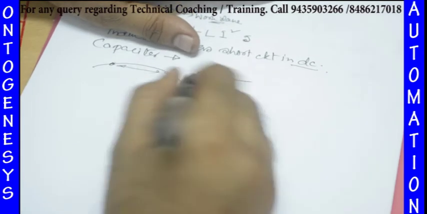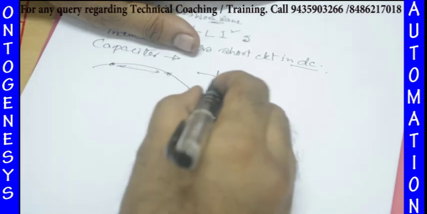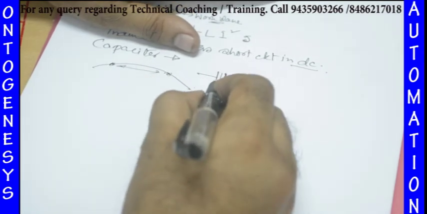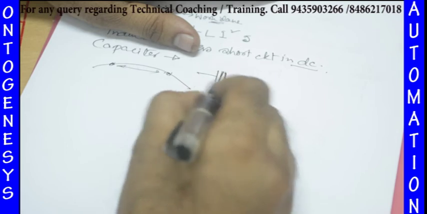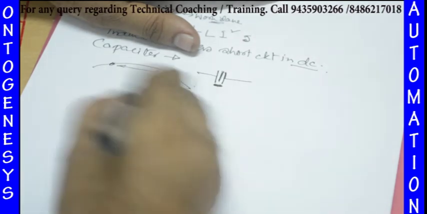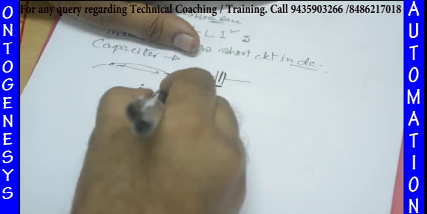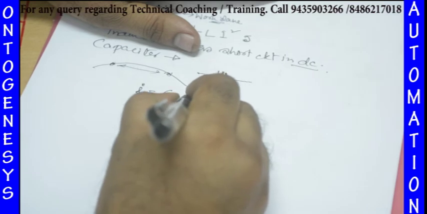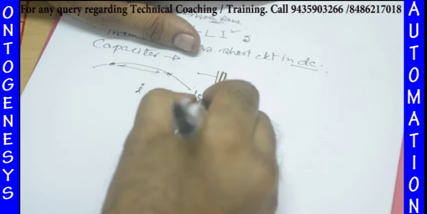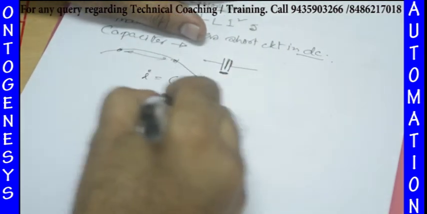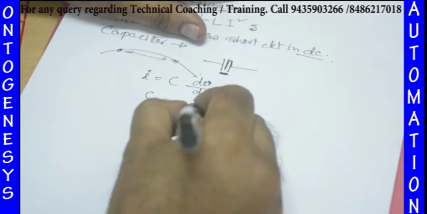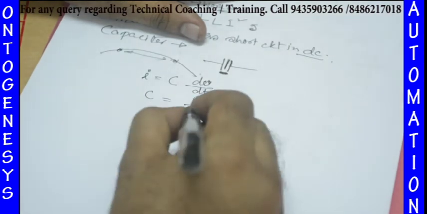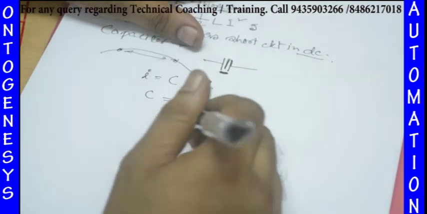A capacitor is two conductors separated by a dielectric medium or air. So I is equal to C dV/dt, or you can say the capacitance C is Q by V, charge per voltage.